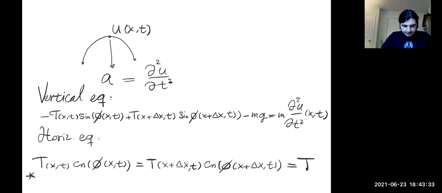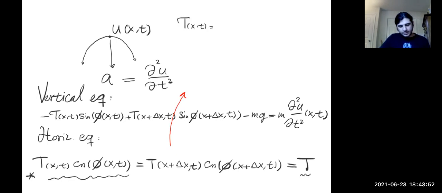Okay, great. So let's use this equation to write down T in terms of cosine. If I look at the first part, T times cosine of phi is equal to T, it shows me that T at the point (x,t) is equal to this constant T over cosine of phi at the point (x,t).